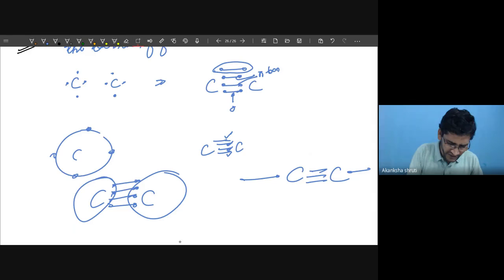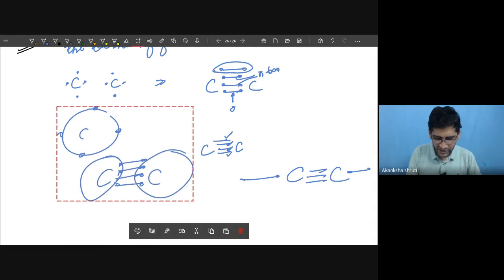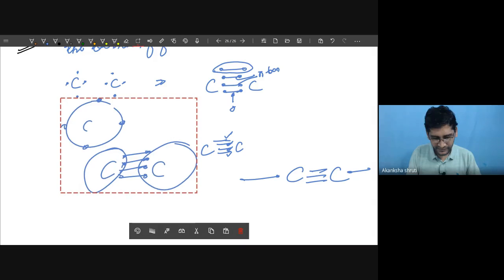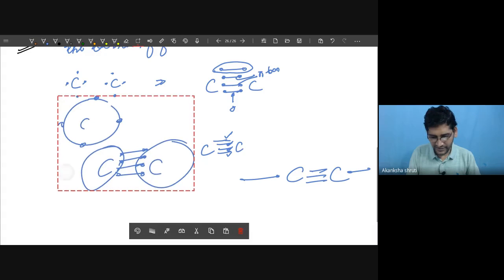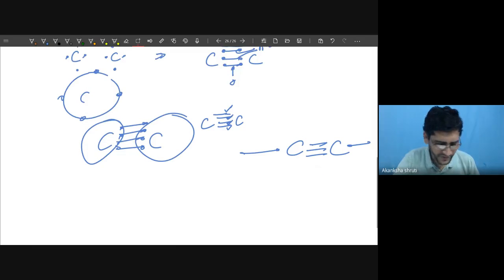Draw your structure. By drawing the structure you can understand whether that is possible or not. So right, this is true, this is possible, but this is not possible.